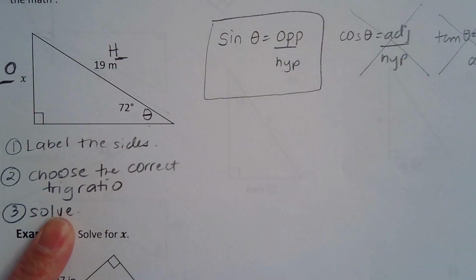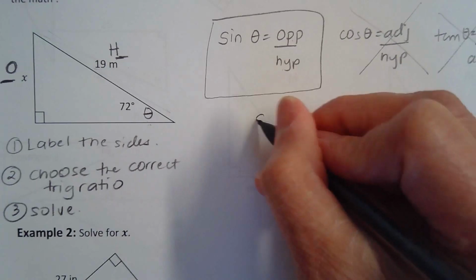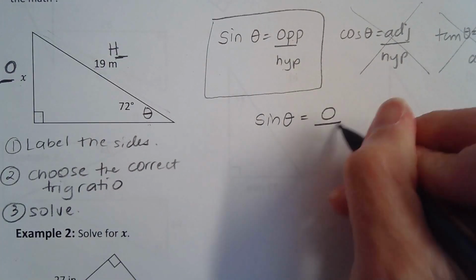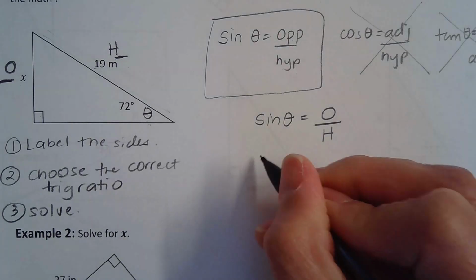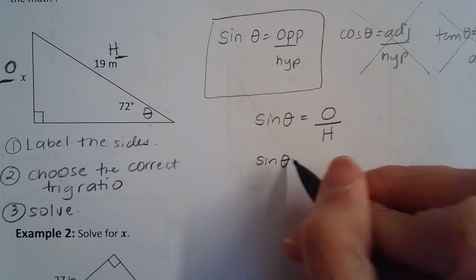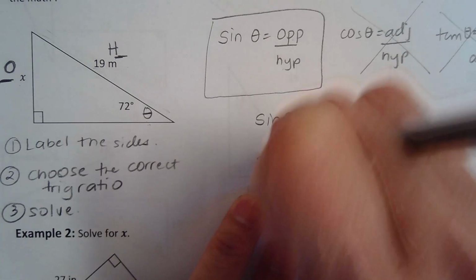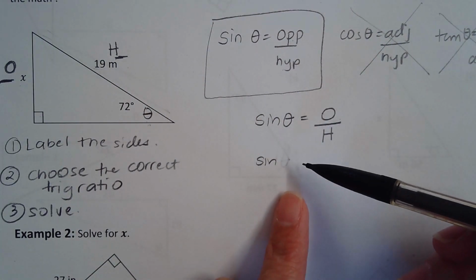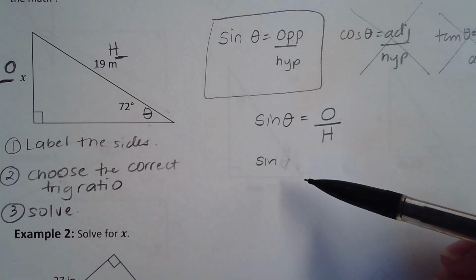So we're on step 3 now. Sine theta equals opposite over hypotenuse. So we got the formula down. The next thing that we're going to do is to substitute the values in.